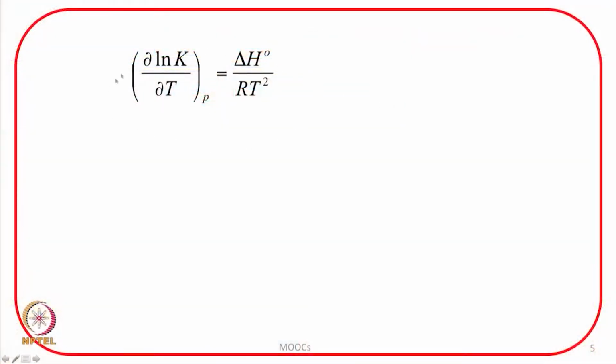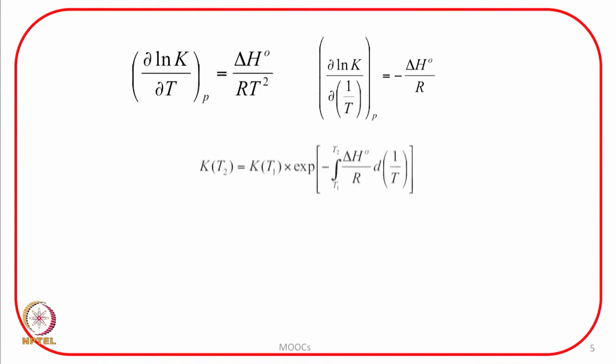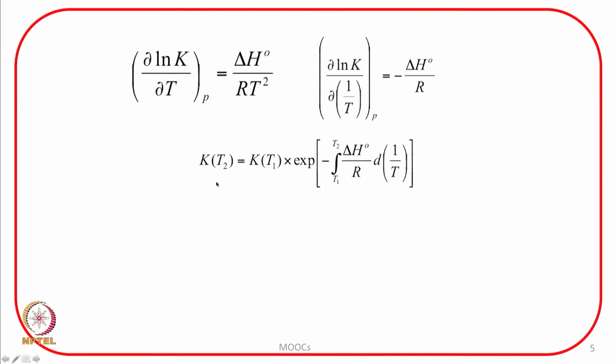This is the Van 't Hoff equation. We have discussed it many times. The Van 't Hoff equation can also be manipulated and rewritten. Mathematical manipulation of this allows you to write it in this form. One can go further with this step and express K at T2 is equal to K at T1 times exponential of minus delta H naught by R, integral of d(1/T) from T1 to T2.